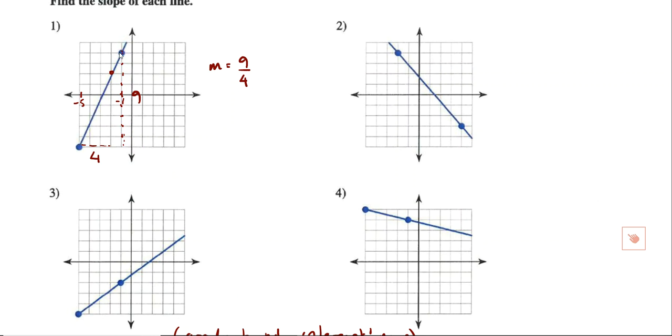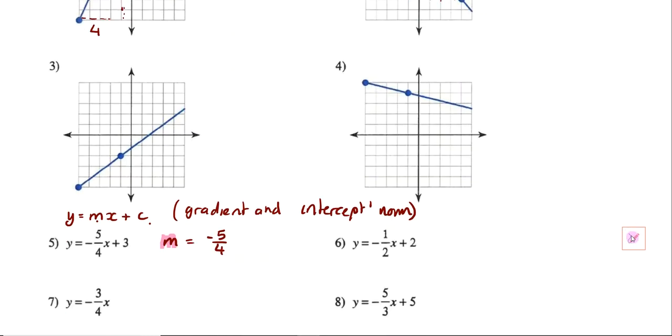Right, next one. So this one would be a negative, and then we've got 1, 2, 3, 4, 5, 6, 7. So negative 7 divided by, and then it's 1, 2, 3, 5, 6. Negative 7 over. Okay? Wow. So these ones are just a little bit different numbers. They're not simplified in any way.